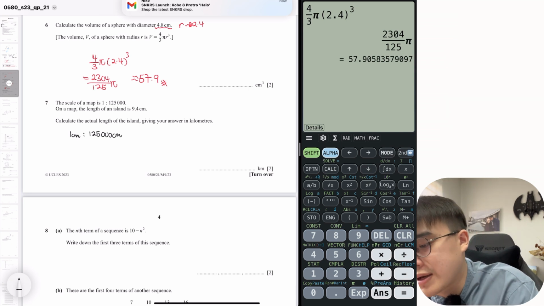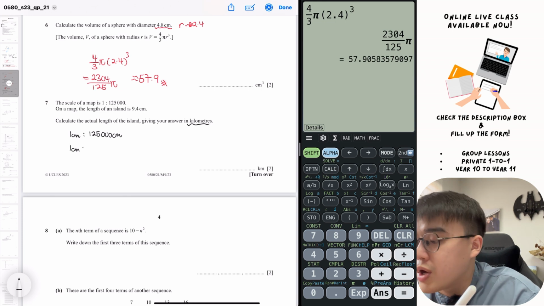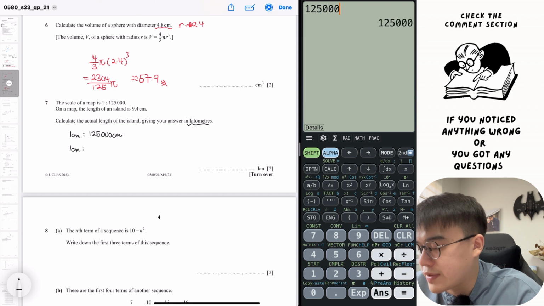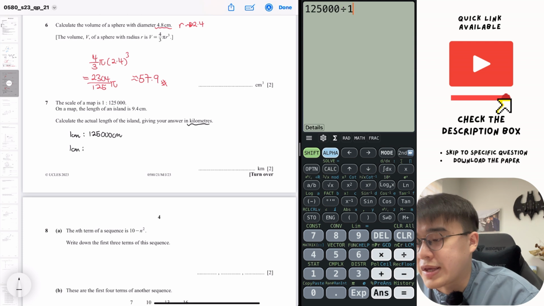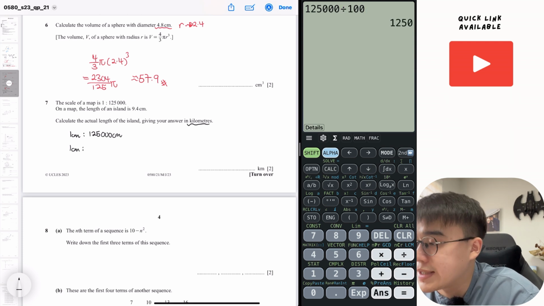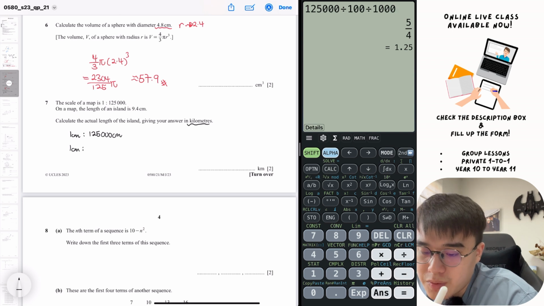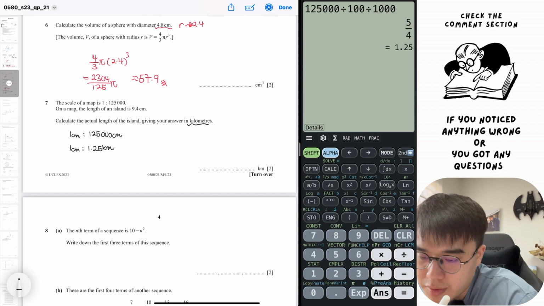And since the units that they wanted is kilometers, you have to figure out a way to restructure this 125,000. So 125,000 needs to be divided by 100 to make it into meters first, and another 1,000 to make it into kilometers. So it's actually 1.25 kilometers for every cm on the graph.